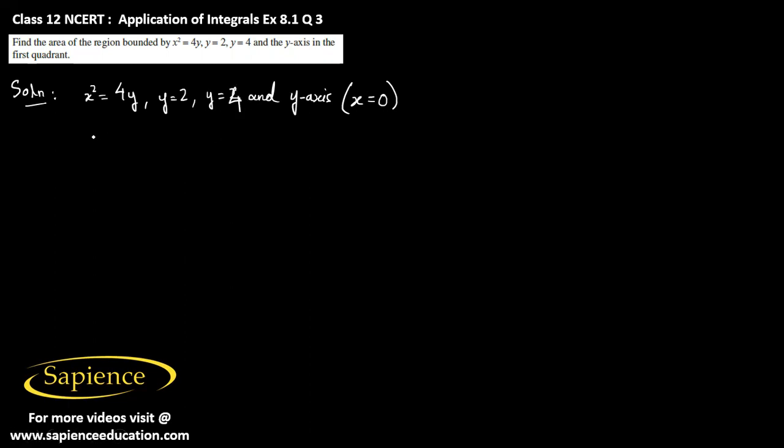Okay. So x square equals 4y. We can also write it as y equals x square by 4. So the shape of this curve will be a parabola, obviously. So let's draw the approximate graphs of these four functions.